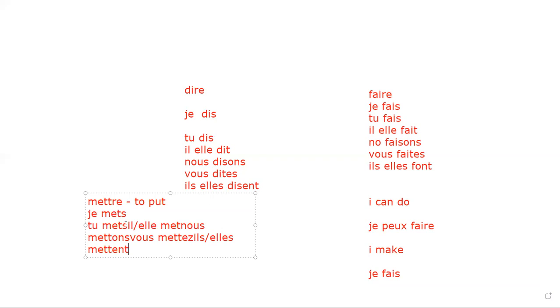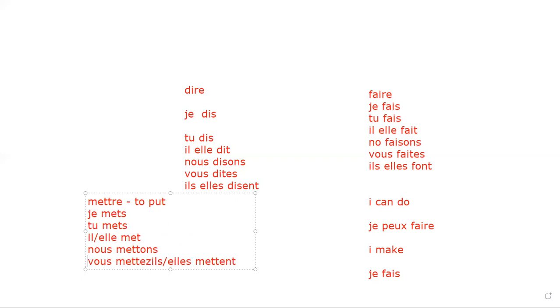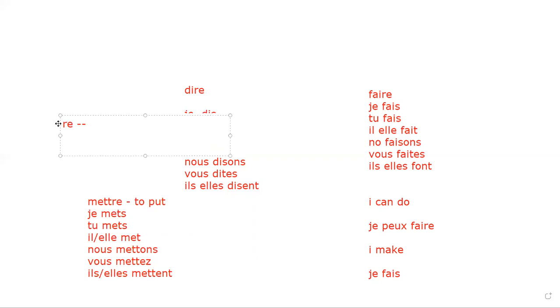Je mets, tu mets, il, elle met, nous mettons, vous mettez, ils, elles mettent. Team, let me tell you the formula of an RE ending verb. We have done the ER ending verb formula: E, ES, E, ONS, EZ, ENT.